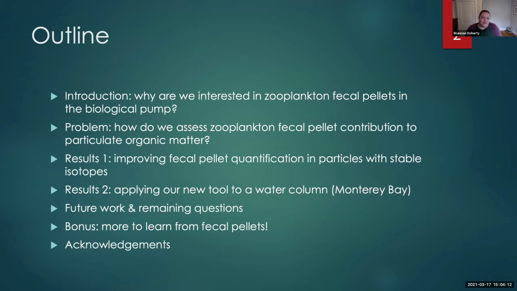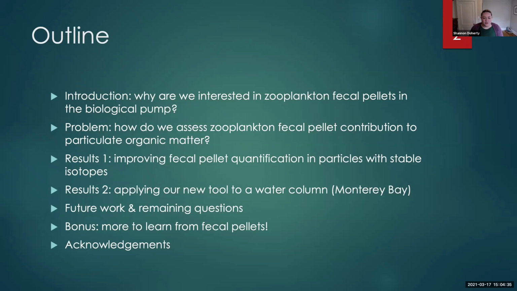To go through the outline of this talk, I'm going to introduce why we are interested in zooplankton fecal pellets in the biological pump. I'll lay out the problem of how we assess zooplankton fecal pellet contribution to particulate organic matter. I'm going to split my results into two parts. The first will be improving the fecal pellet quantification method in particles with stable isotopes.